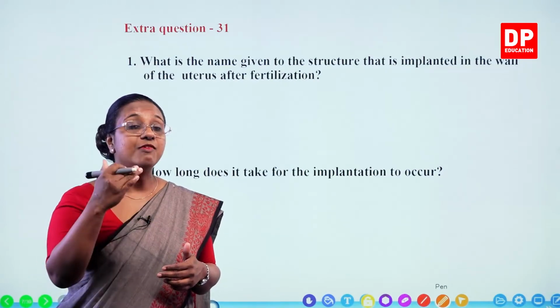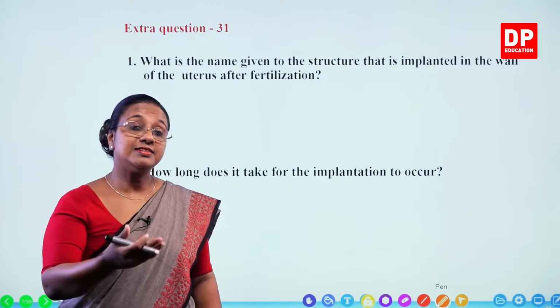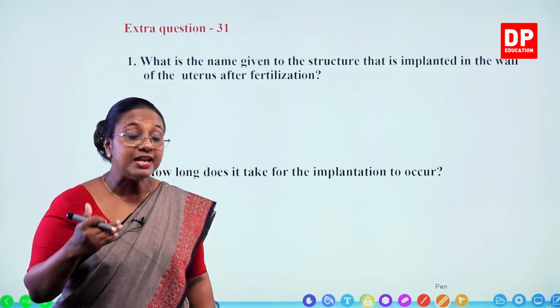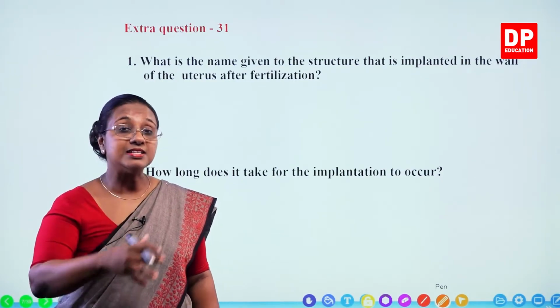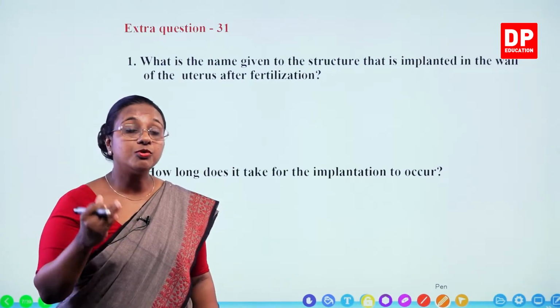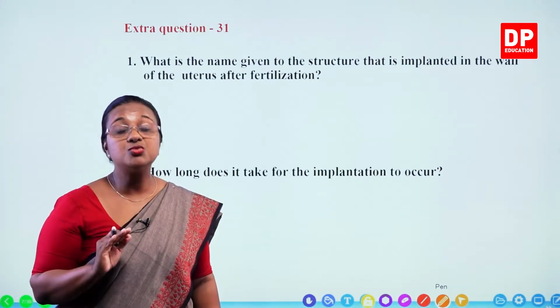So, at one point we call it the blastula. Thereafter, after about 5 days, it's known as the blastula. And at the end of 7 days, it has a lot of cells, and there we call it the morula. Morula is the one that embeds into the uterus wall.